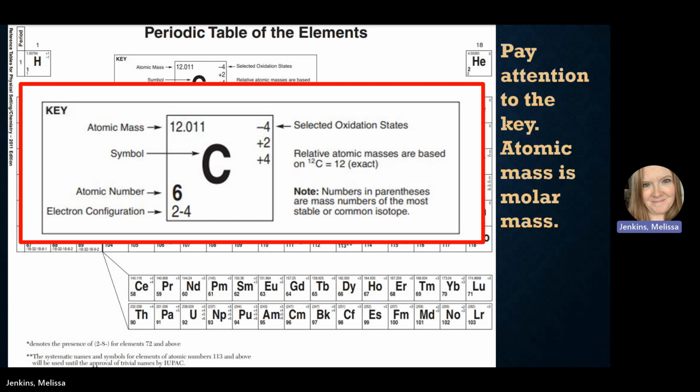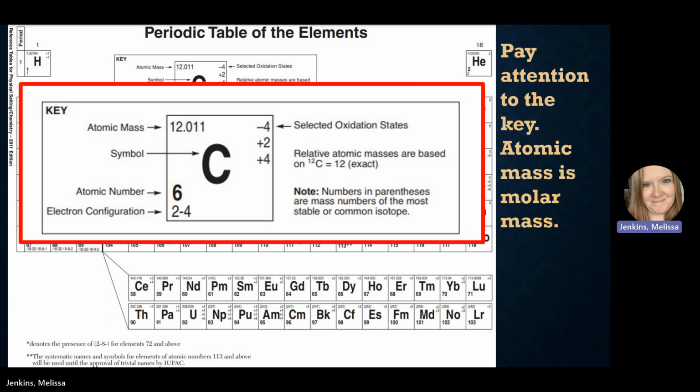Do you remember how to write an excited state? You're going to take one and move it up. I want to keep the total number the same. So for carbon, I could do 2, 3, 1. I took one of the electrons and moved it higher. I just can't add an extra electron. I need to move one that I already have.